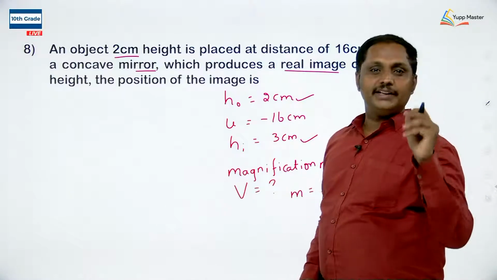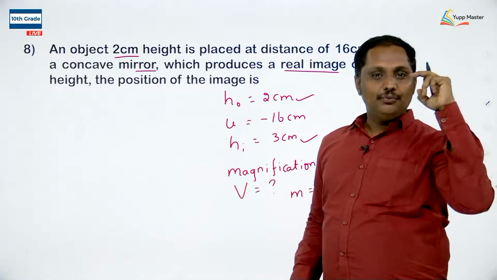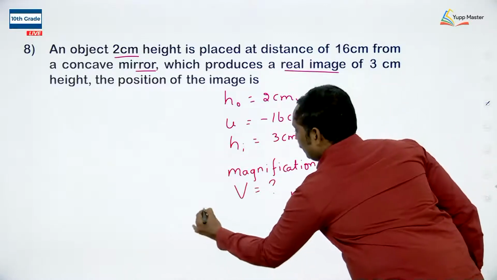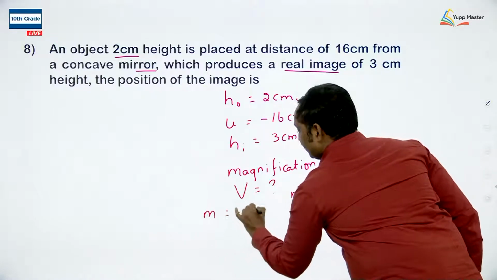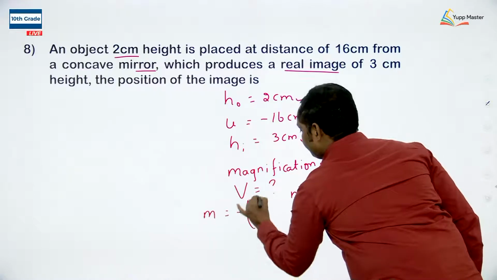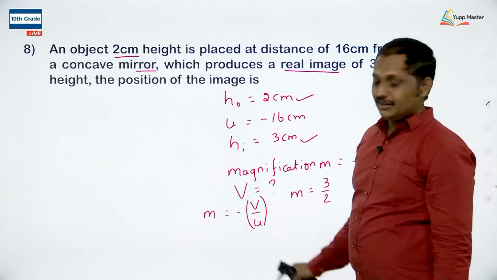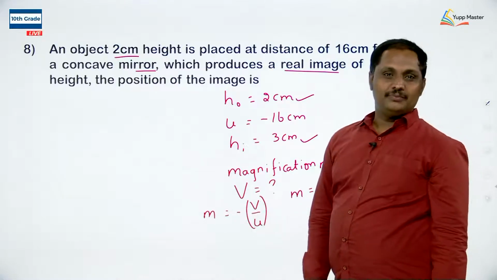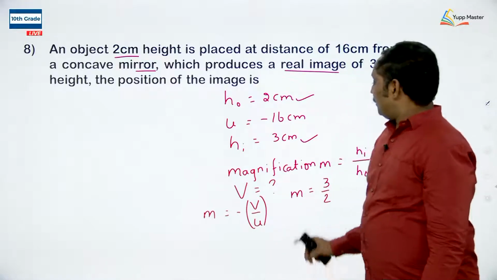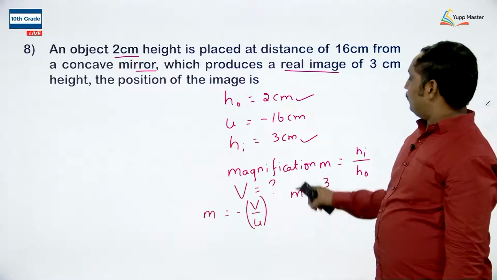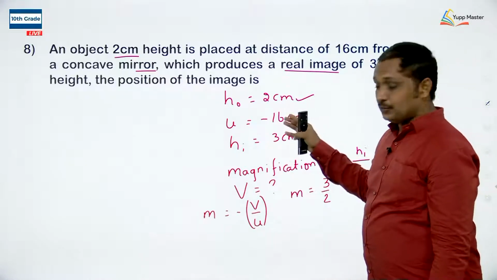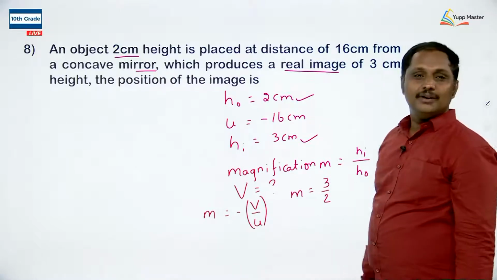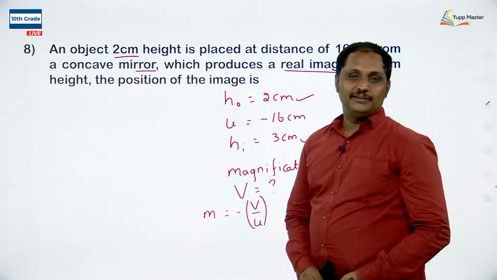Generally, the ratio of v and u is equal to m. So, we know that m is equal to minus of v by u. If they have given the values of u and the values of hi and h naught, you can easily find that.